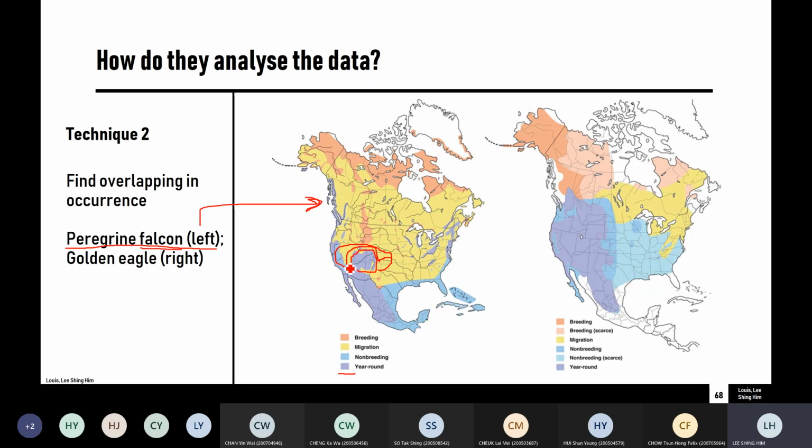So they use this to categorize the raptor species. They use this mapping technique to conclude that in certain cities there are more individuals of this type of raptor. So they do the same for other species of raptor like golden eagle. That is the map on the right.